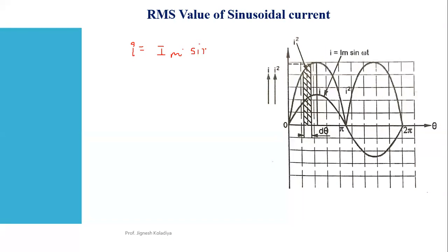Can I write like this or not? You can take sine omega t or sine theta, because omega t is equal to theta. So I can also write i is equal to Im into sine theta. Okay.